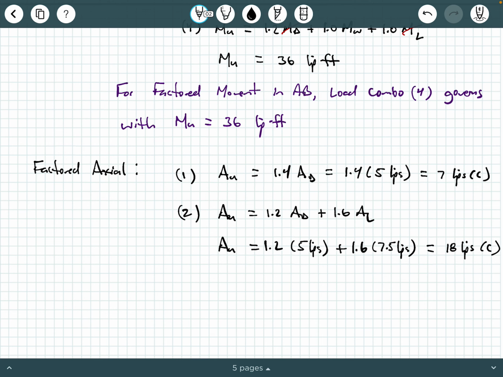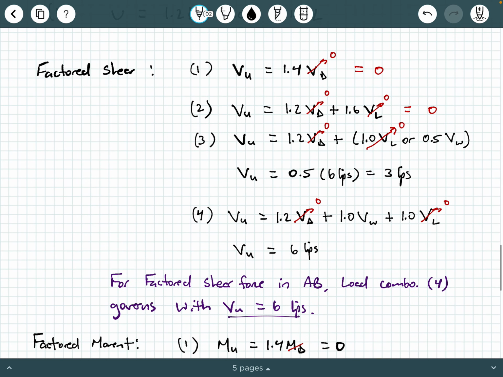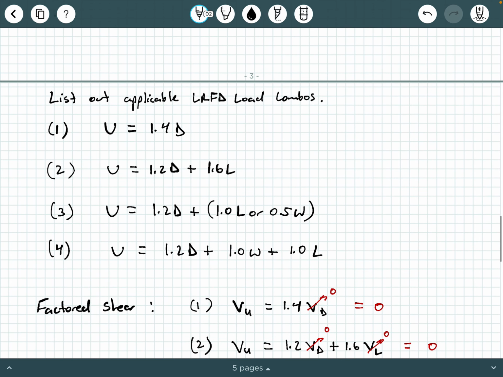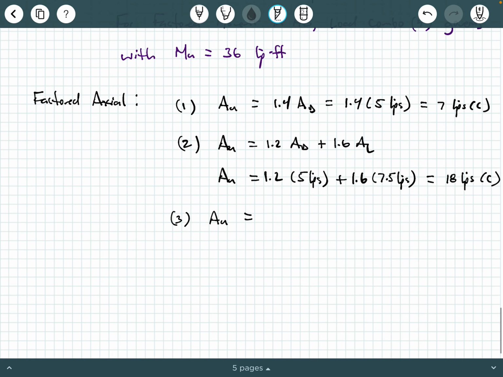All right, let's look at load combo 3 now. AU equals, so load combo 3, remind us what that is: 1.2 A dead plus an OR statement, 1.0 A live or 0.5 A wind.